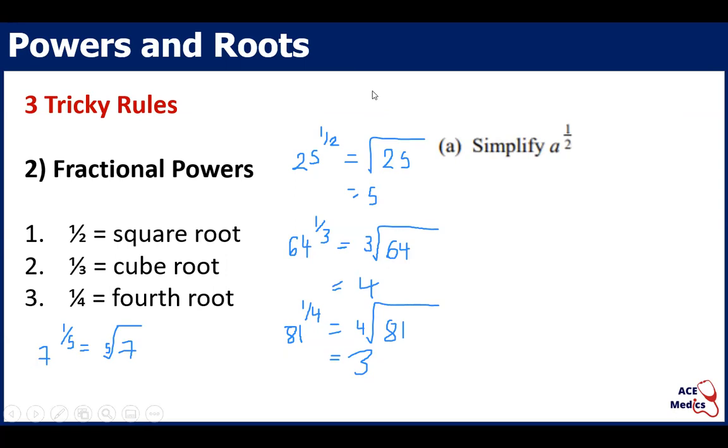What will our answer be? Pop it in the chat. Square root of a. Fantastic. Exactly. So our answer to a to the power of a half is going to be the square root of a. Does that make sense to everyone? Does anyone have any questions?